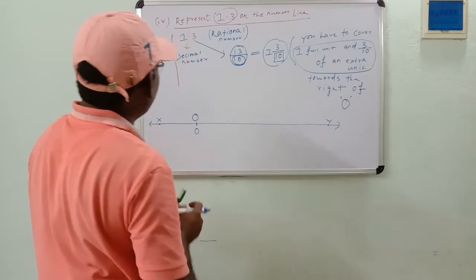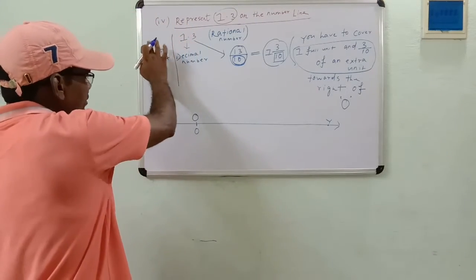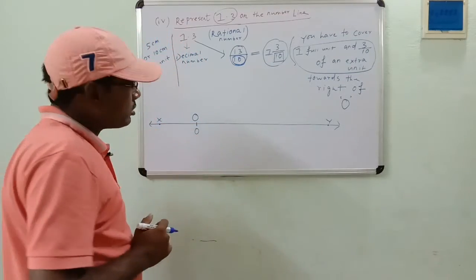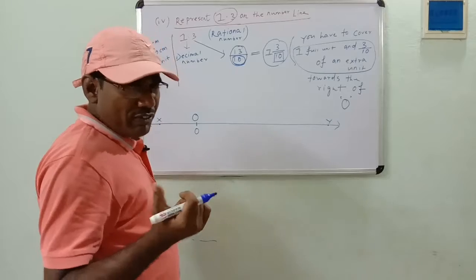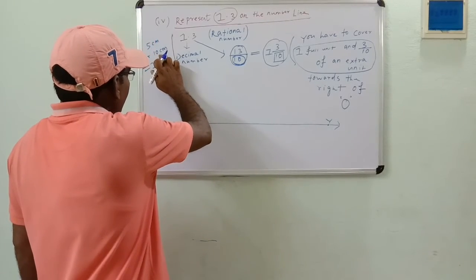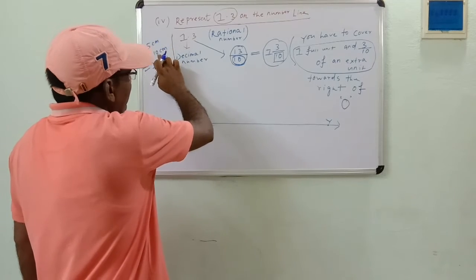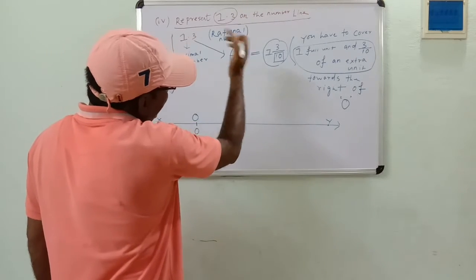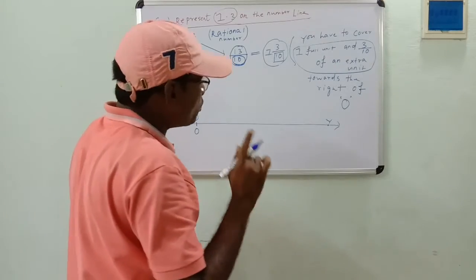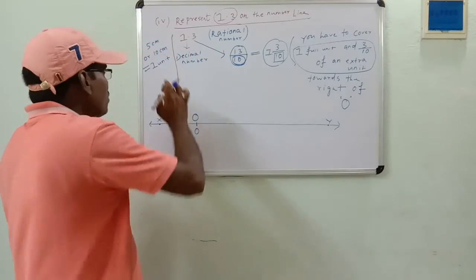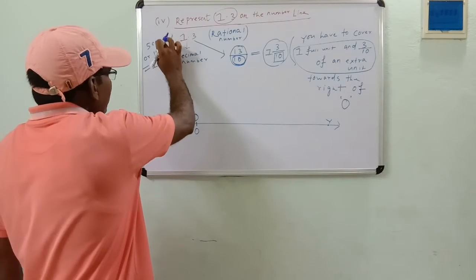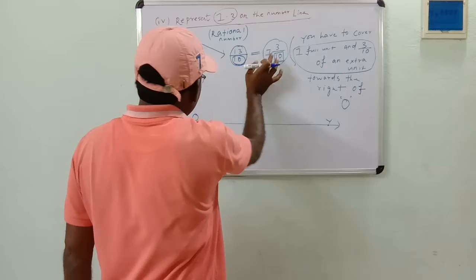Why do I take 5 cm or 10 cm? Because 5 cm is divisible by 10 and each part indicates 0.5. Similarly, if you take 10 cm instead of 5 cm, then 10 cm can be divided into 10 equal parts, and one part indicates 1 cm. So you can take either 5 cm or 10 cm, because both are divisible by 10.